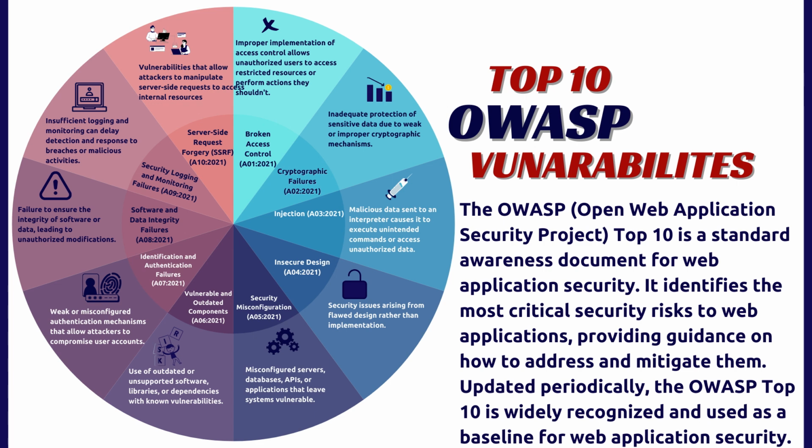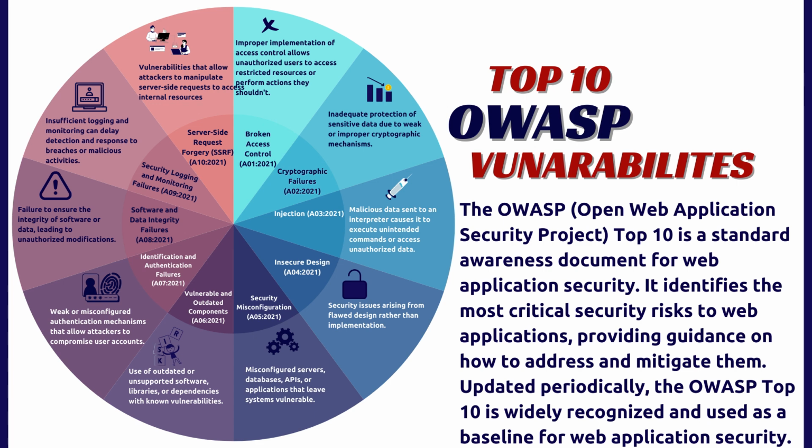Number 6, we have the A06:2021, which is the vulnerable and outdated components. What is its description? Use of outdated or unsupported software, libraries, or dependencies with known vulnerabilities. Number 7, we have the A07:2021, which is the identification and authentication failures. What's its description?